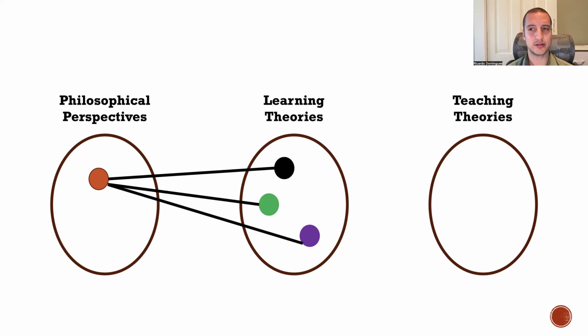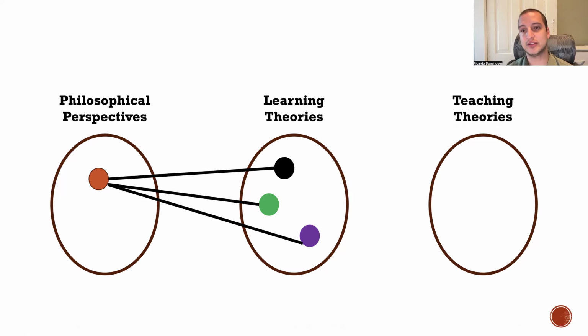Why do we use the term family of theories? It's because those theories, although they are different, are related. They all share the same philosophical perspective that learning is the process of knowledge construction. That's why we call them a family of theories: although different, they are related.